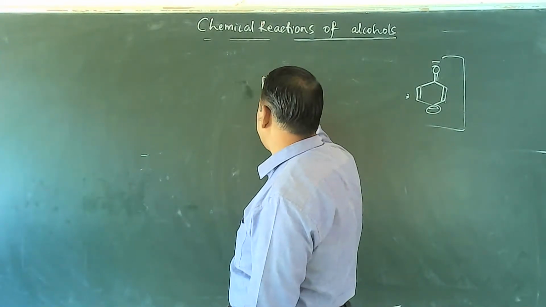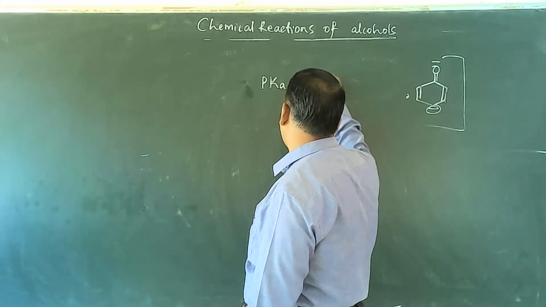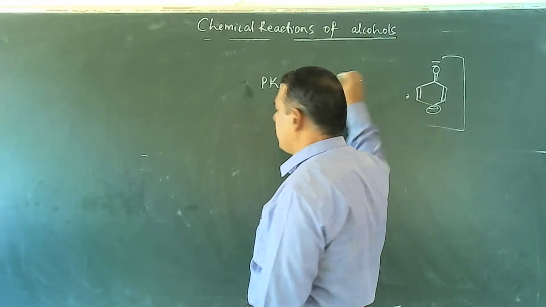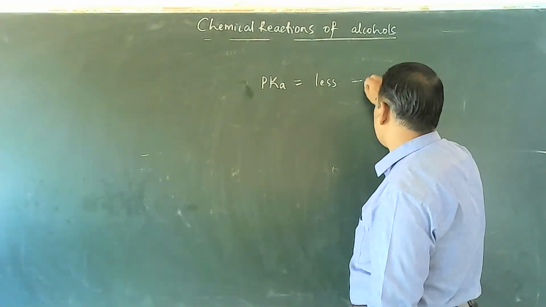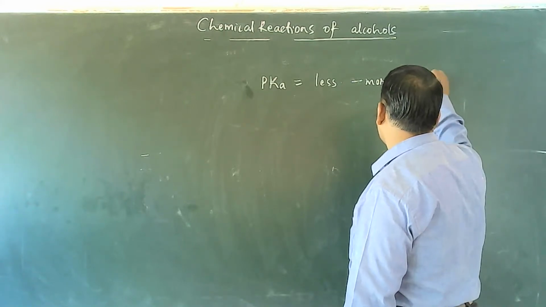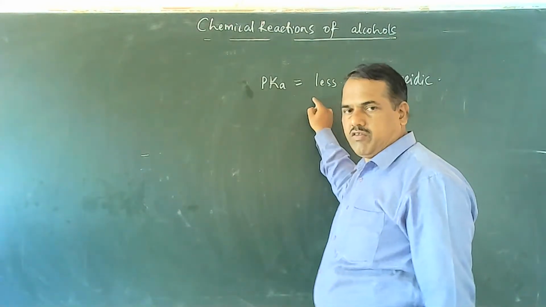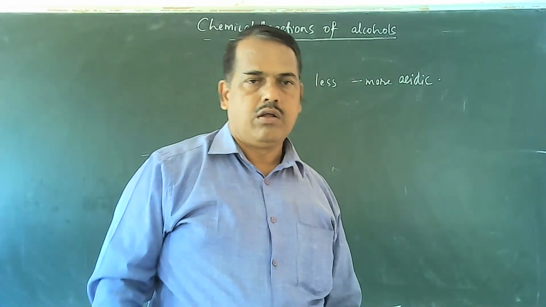See, compare the pKa value: if the pKa value is less, then it is more acidic. If the pKa value is more, then it is less acidic. Are you clear?